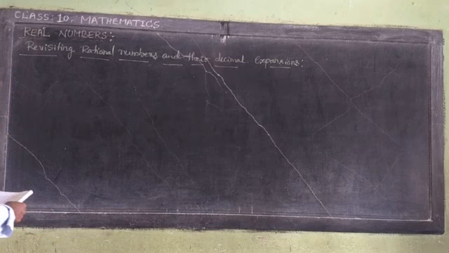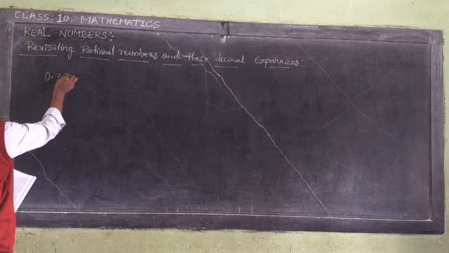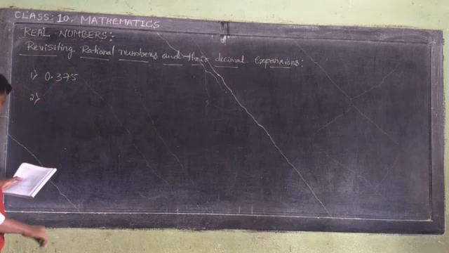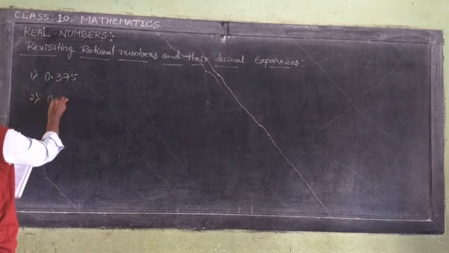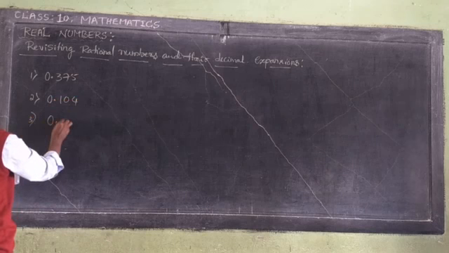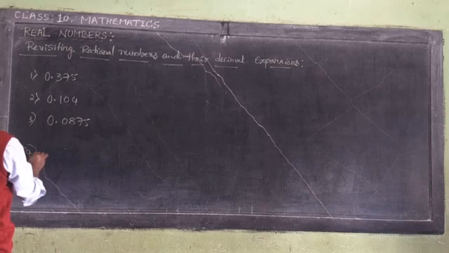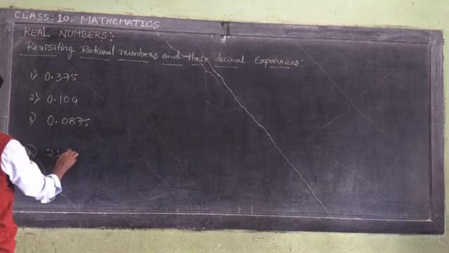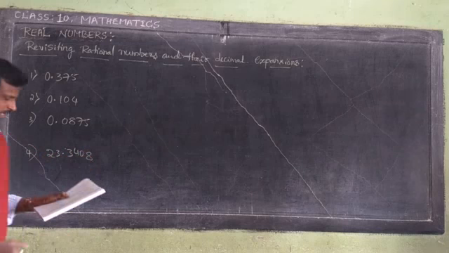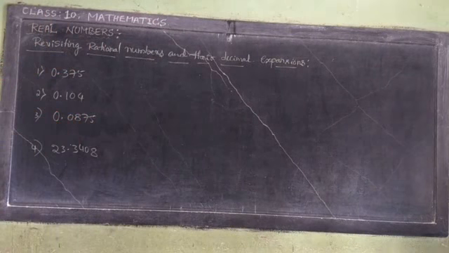Let us consider 0.735 as example 1, 0.104 as example 2, 0.0875 as example 3, and 23.3408 as example 4.